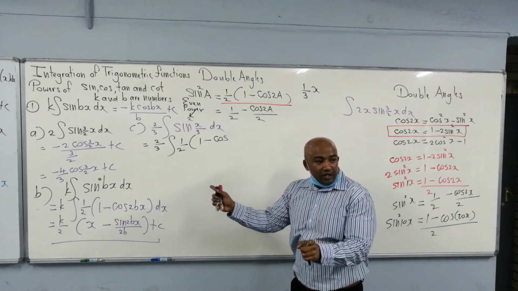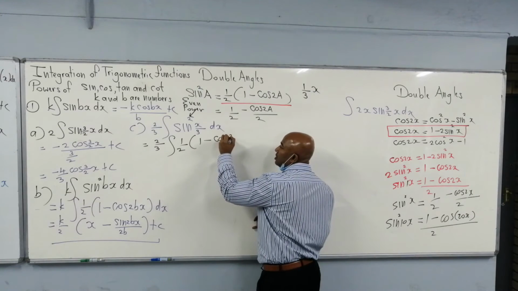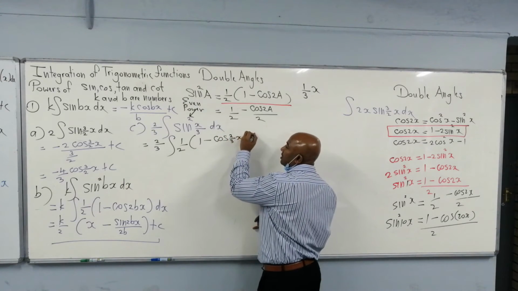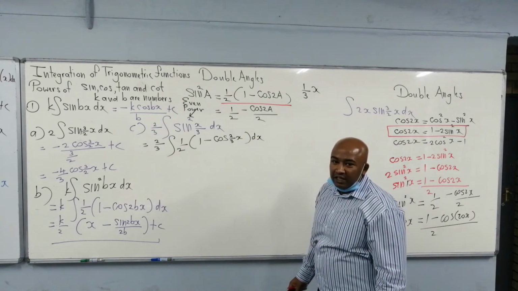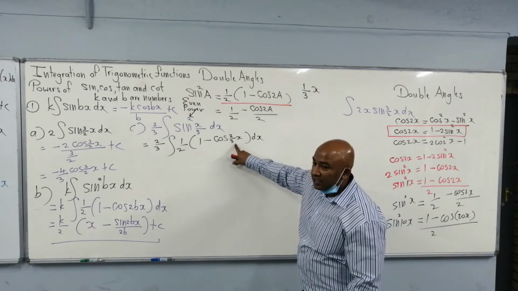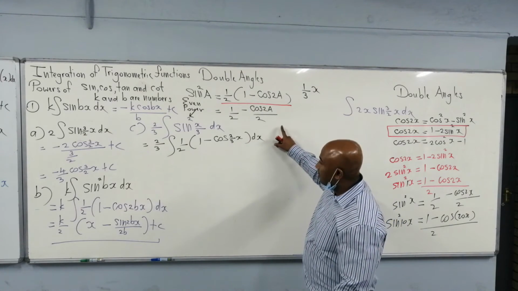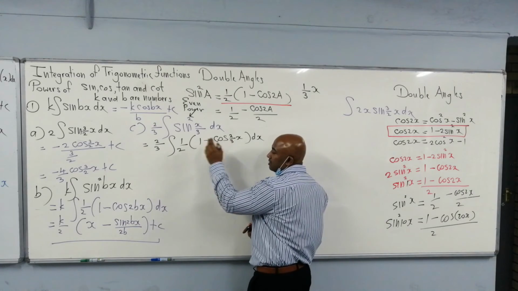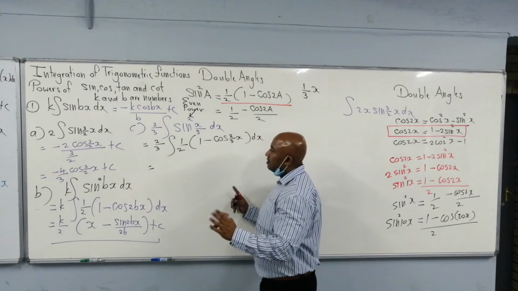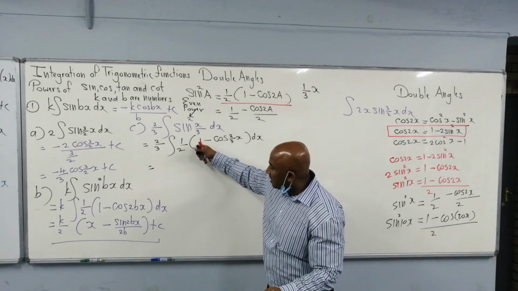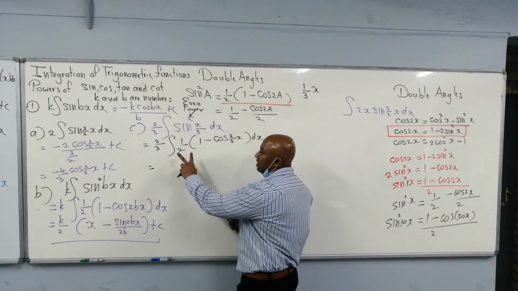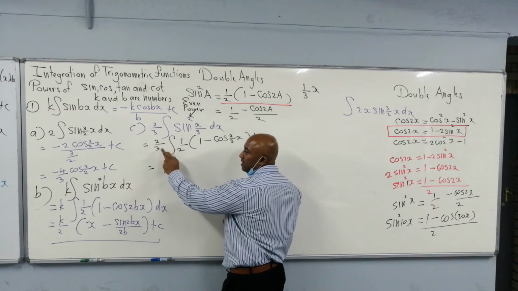So when you double 1 over 3, it's going to become 2 over 3x. You can't make any mistakes with these small things, like I said. So I doubled it, and now all I have to do is integrate the 1 and integrate cos. These two here are just constants. Multiply that by that.